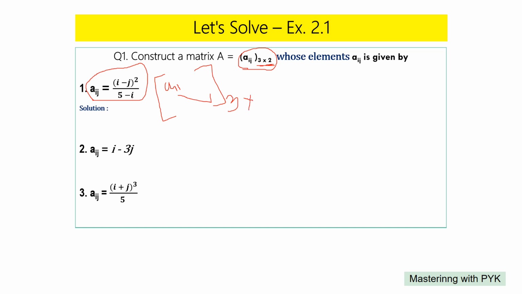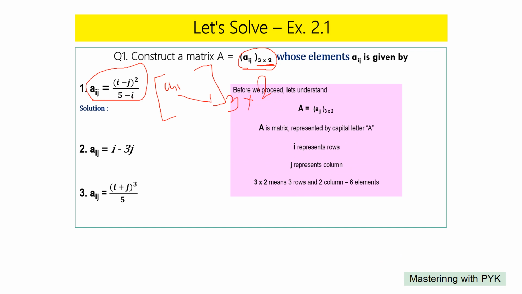So let's understand what it means. It means that A is a matrix, i represents rows and j represents columns. Order of the matrix is 3 cross 2. This means we have 3 rows. So when we say 3 rows, we have A1, A2 and A3. That is, the i would range from 1 to 3.